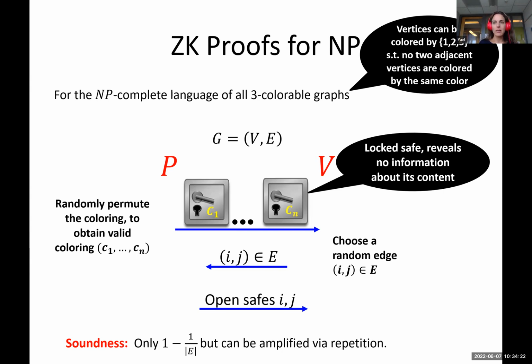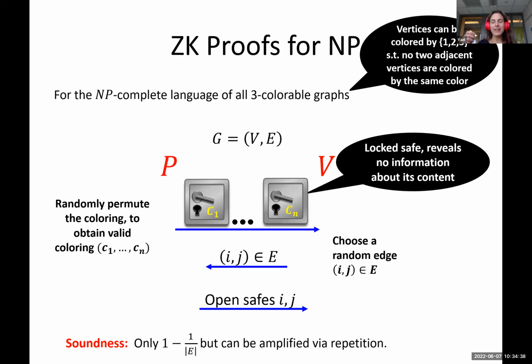Really? That's pathetic. But don't worry, because what we can do is repeat this proof K times the size of E times, and then lower the soundness error to exponentially small.